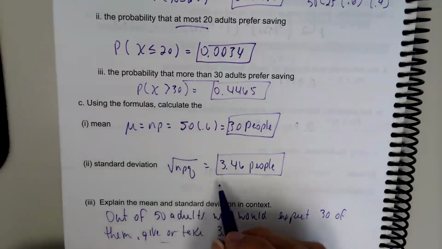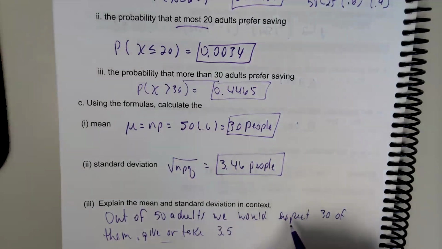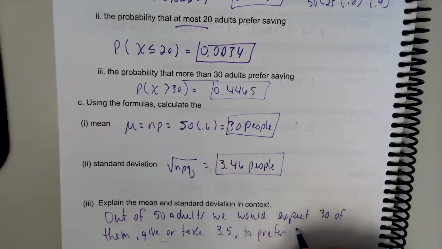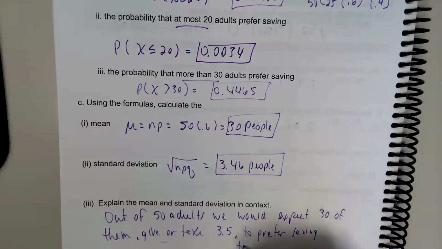So give or take is where we're describing the standard deviation. So we would expect 30 of them, give or take 3.5, to prefer saving to spending.